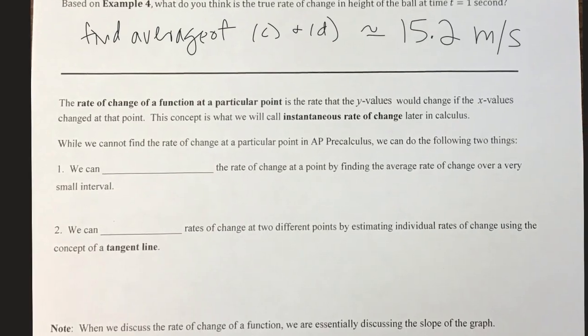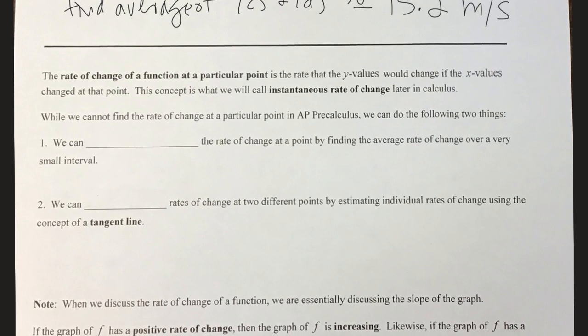Okay, so we have some words down here. The rate of change of a function at a particular point is the rate the y values would change if the x values change, right? So we have to have 2 different things that are changing. Okay, so we can estimate, right? In pre-calculus, all we can do is estimate. We can estimate the rate of change by finding the average rate of change over a small interval, right?